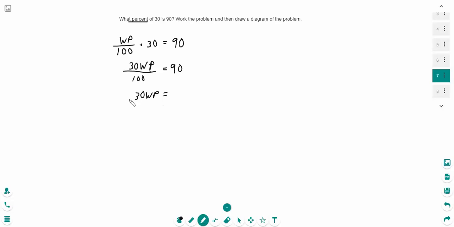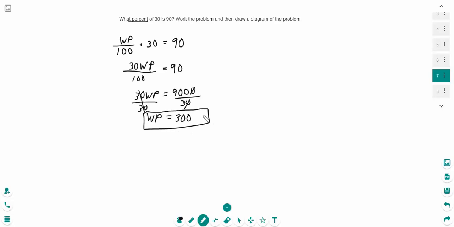That's going to be 90 with two more zeros, 9,000. Now we can divide both sides by 30. So we end up with WP. And of course, the zeros cross out. That's easy enough. And then 900 divided by 3 is going to be 300. So the what percent is going to be 300%.